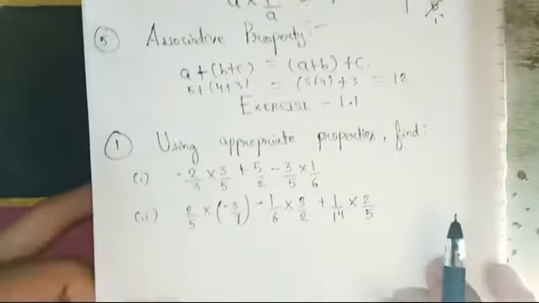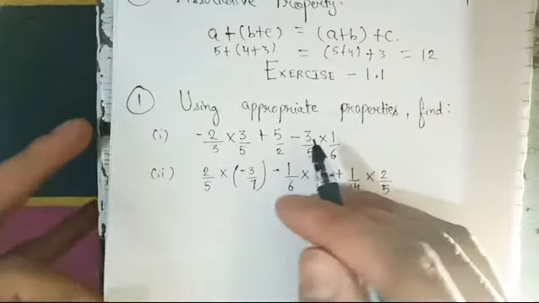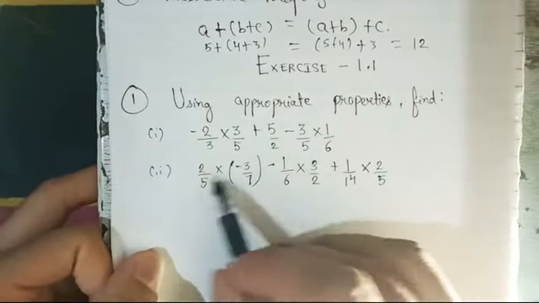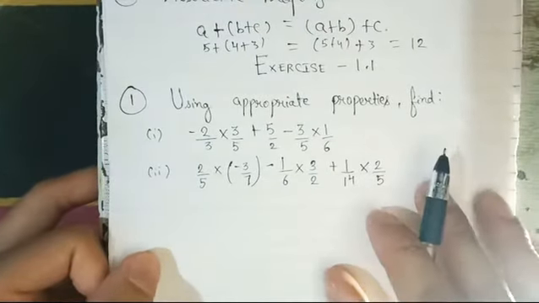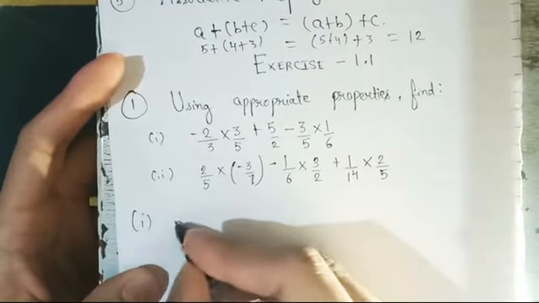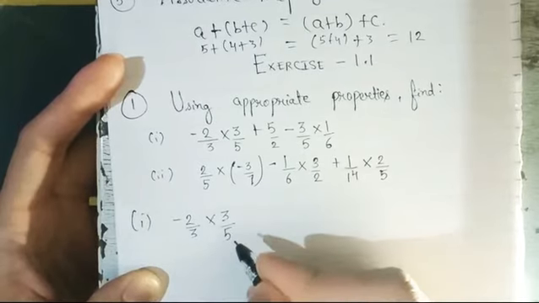Now moving towards the questions. These questions are quite easy. You just have to apply the properties which we have discussed here, and these properties will be used in these questions. Going towards the first question: minus 2 upon 3 multiplied with 3 upon 5.